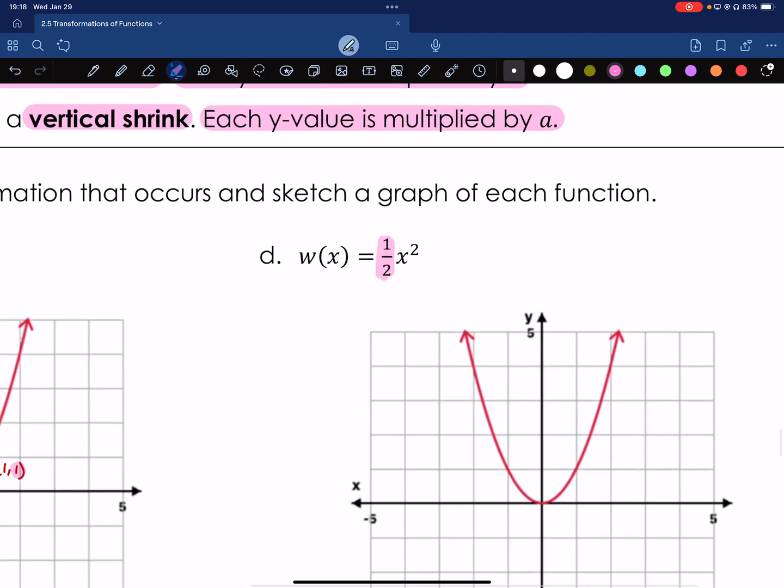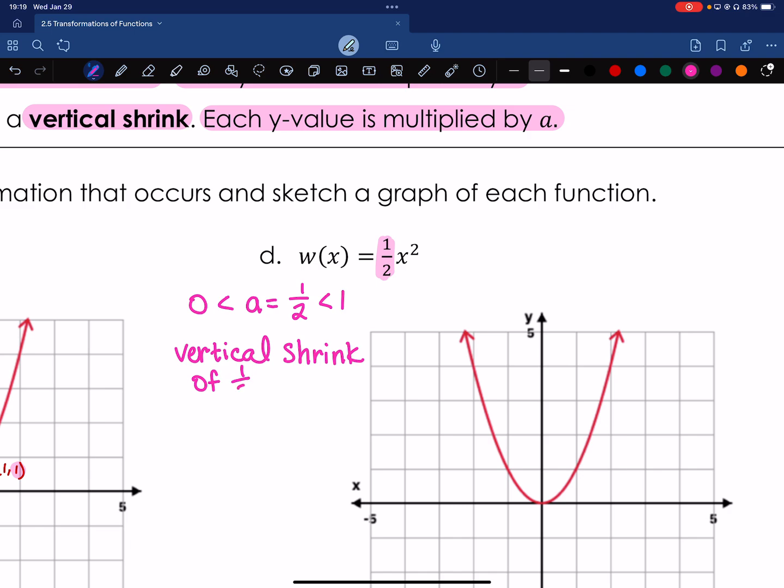So this one right here has the same parent function, but our a value this time is 1/2. 1/2 is between 0 and 1, which is why this is a vertical shrink of 1/2.